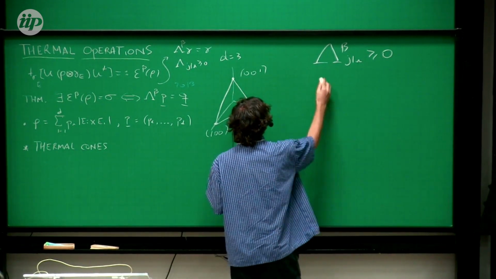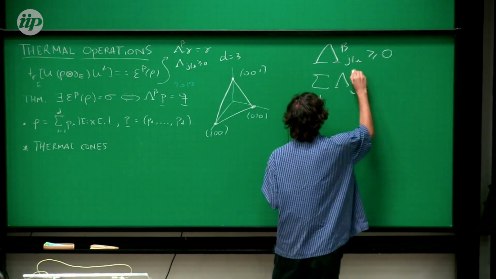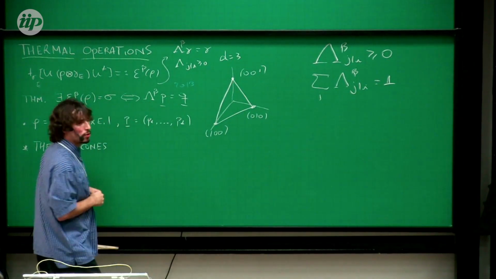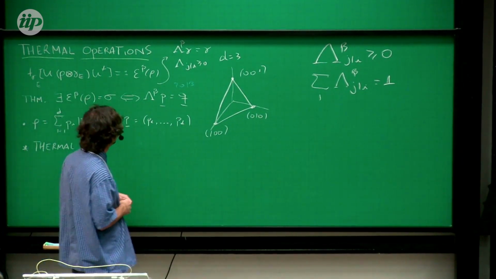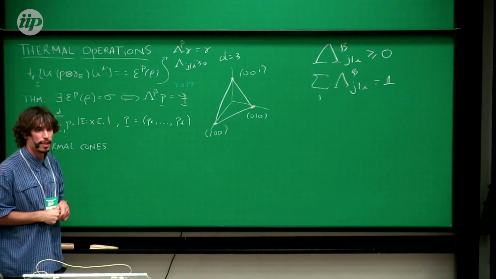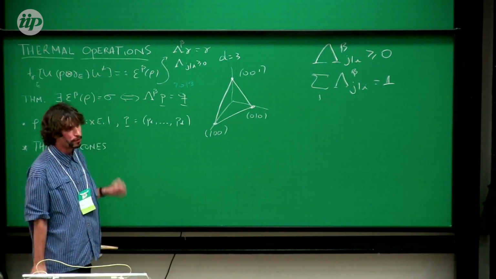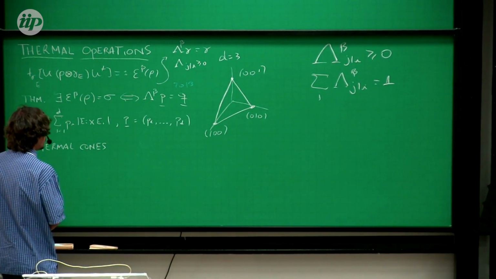And then if you sum the columns, because of probability conservation, this goes to 1. Great, so we can really simplify the problem that we want to solve, because now the idea is to look at probability vectors evolving under Gibbs preserving stochastic matrices.